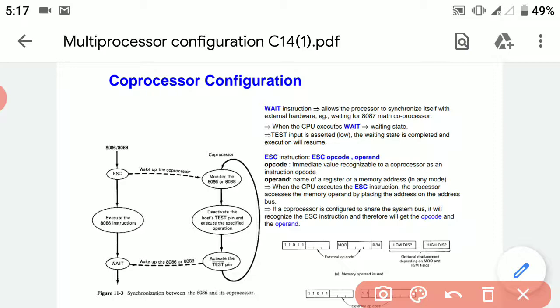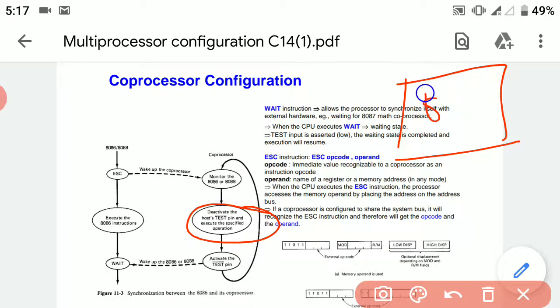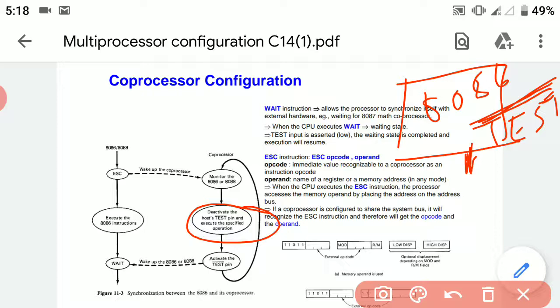Before executing its work, this coprocessor first of all deactivates the host's test pin. Actually, the host is our 8086 processor. It has a test pin, which has a complement sign over it.